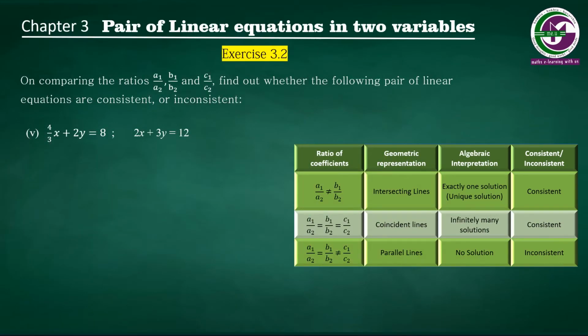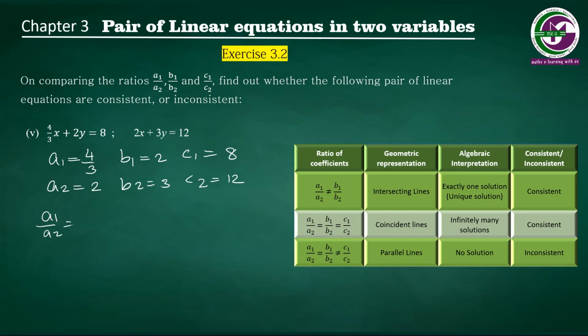The fifth sub question. So comparing with the standard equation, you will get a1 equals 4 by 3, b1 equals 2 and c1 equals 8, a2 equals 2, b2 equals 3, c2 equals 12. Find the ratio. a1 by a2 equals 4 by 3 by 2.